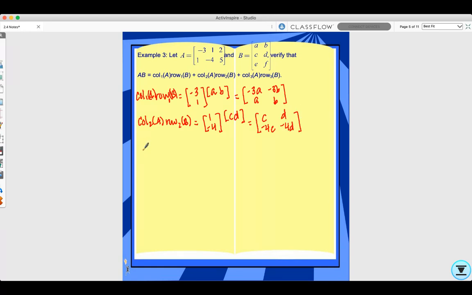And then I'm going to find column 3 of A times row 3 of B. So this would be 2, 5 times E F. And I'd end up getting 2E, 2F, 5E, 5F.